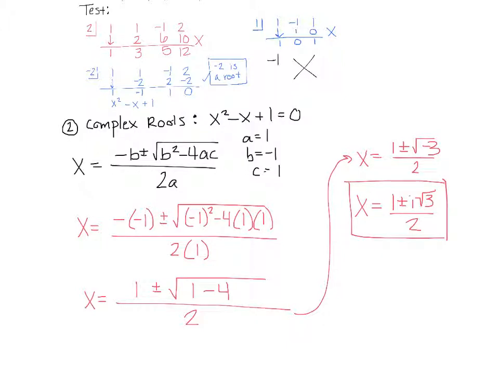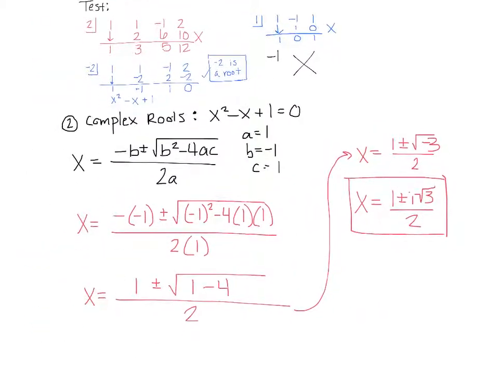So I got x equals 1 plus or minus i square root of 3 all over 2. Is that what y'all got? Okay, so there are our two imaginary roots with the crazy square root. There's 2 roots there and 1 root from before. So that is our 3 total.